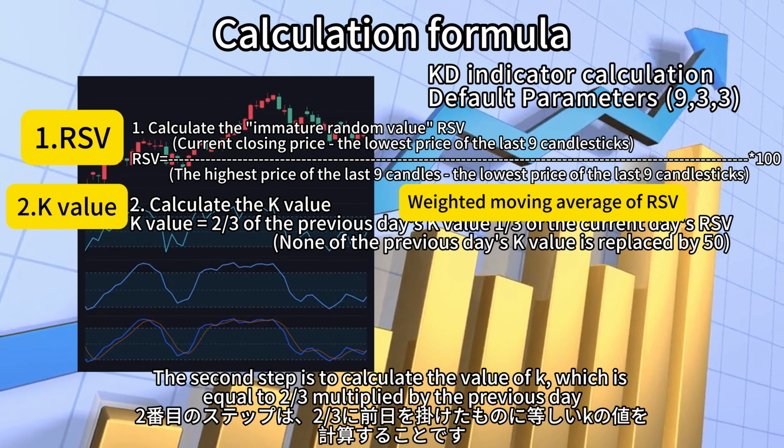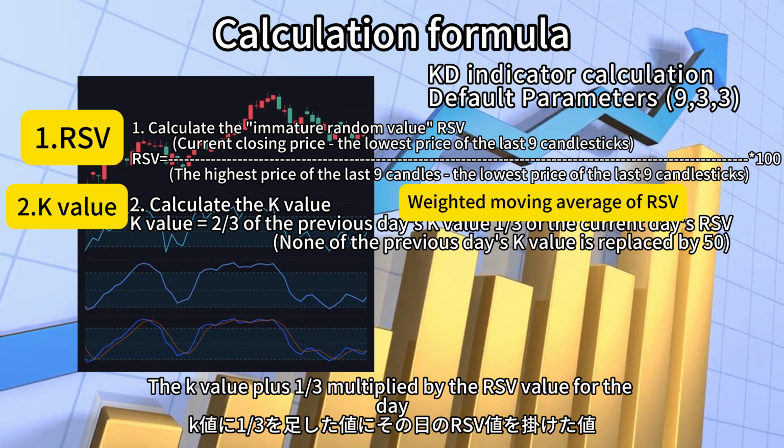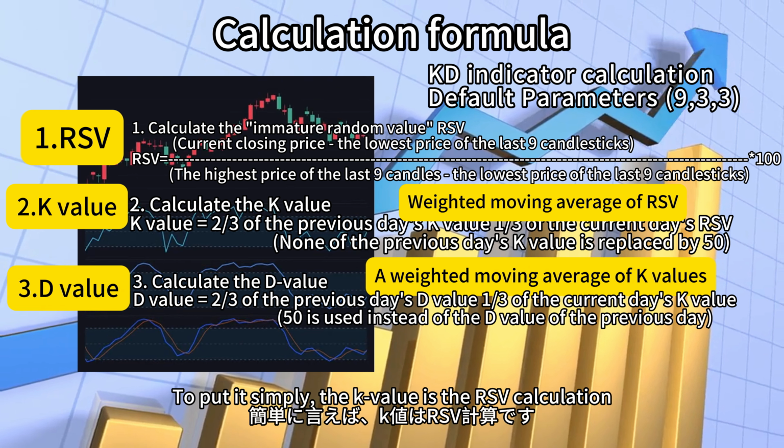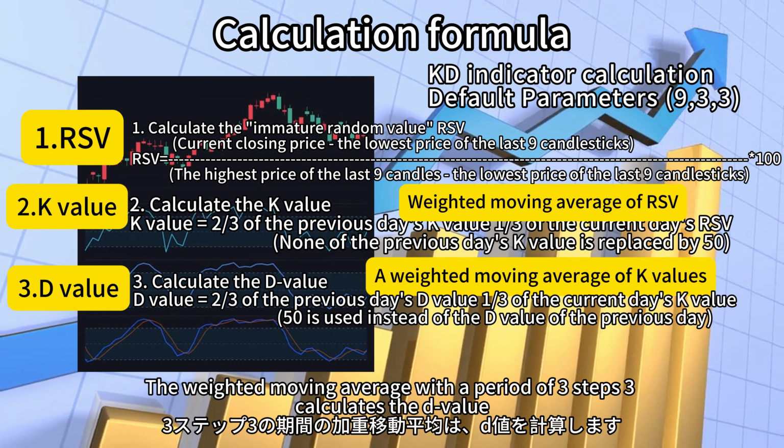The second step is to calculate the K value, which is equal to 2/3 multiplied by the previous day's K value plus 1/3 multiplied by the RSV value for the day. If you don't have the previous day's K, use 50 instead. To put it simply, the K value is a weighted moving average of the RSV with a period of 3.